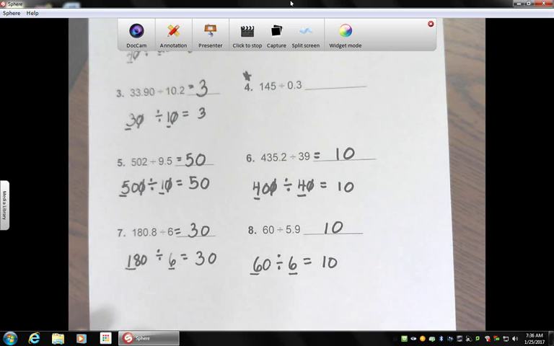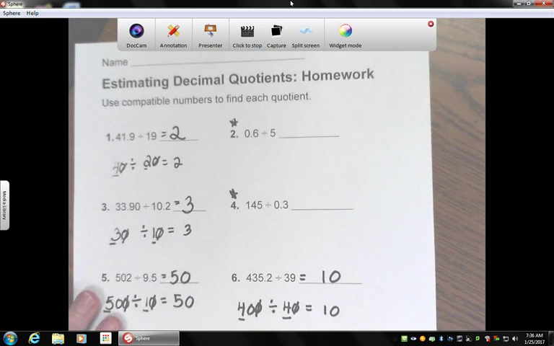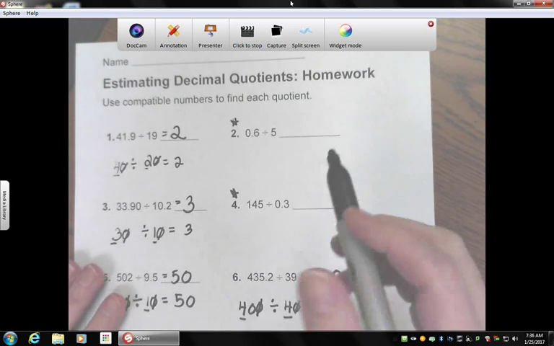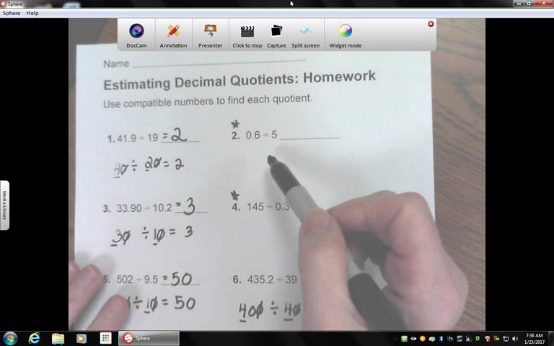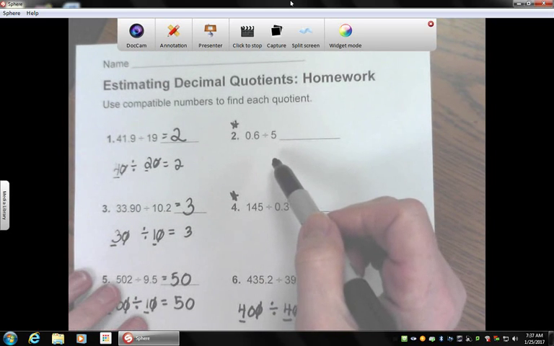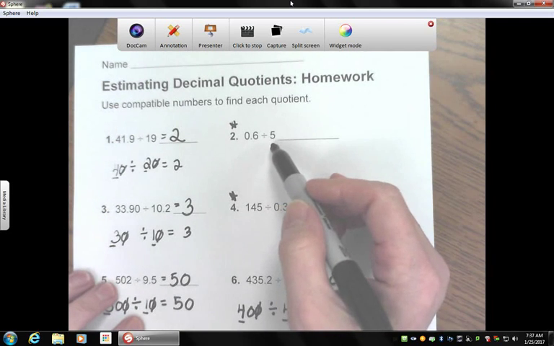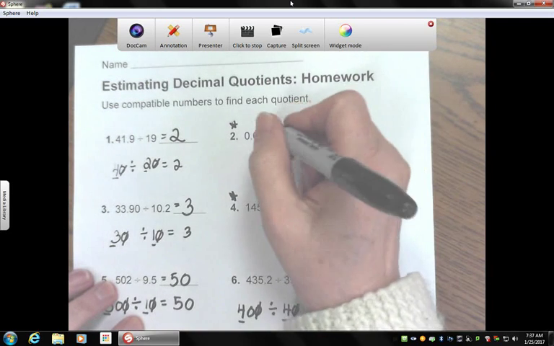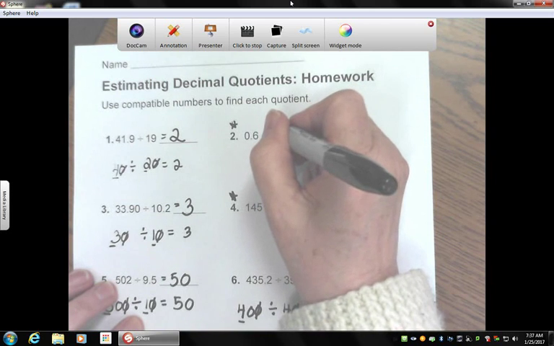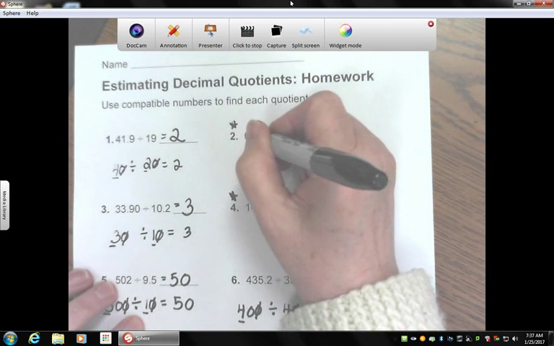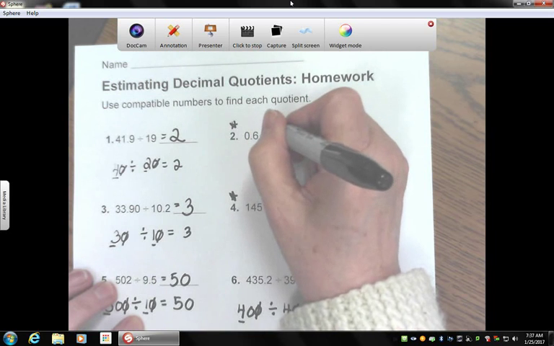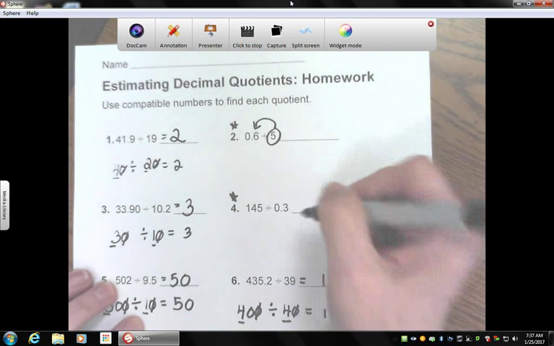Now, let's go back and take a look at number 2 and number 4. Okay, the rounding part and coming up with the estimate is the same. We have to do some thinking, though, about a decimal point in our answer. We want to take 6/10, and we want to make 5 groups out of 6/10.